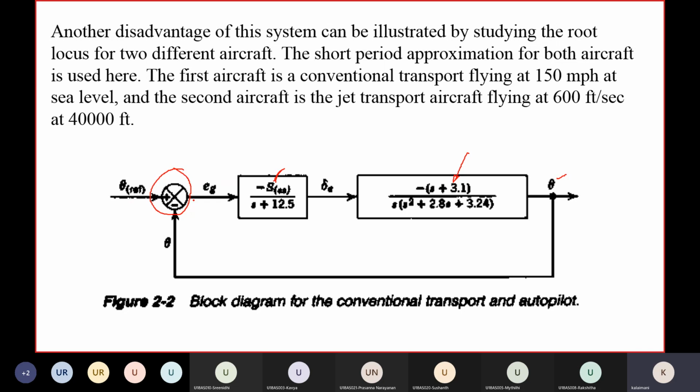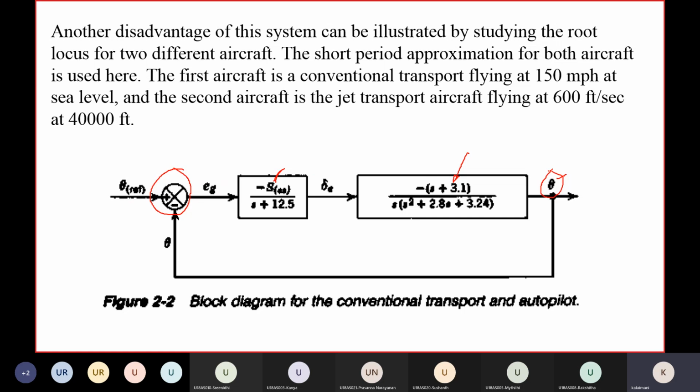Based on the error signal, the vertical gyro produces a voltage signal that goes to the elevator servo. Then the elevator servo deflects the elevator to compensate this theta.